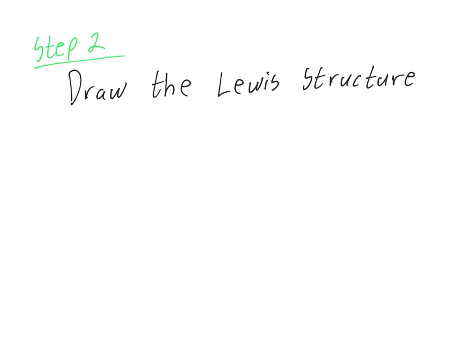To draw the Lewis dot structure, you would simply put xenon as your central atom. Then you would start drawing the oxygen and the fluorine as so. Then don't forget to complete your octet.